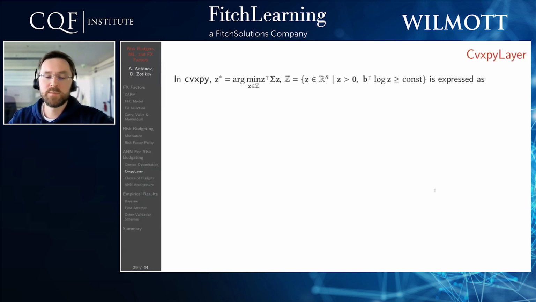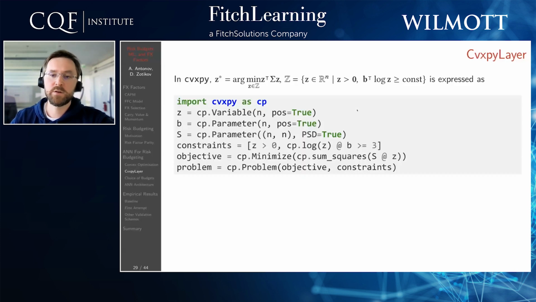You can do this sort of optimization in many ways in many software packages, and in particular in a Python package called cvxpy, which is remarkable because the optimization problem that I've stated above can be very naturally expressed as the following Python code. So you define your variable, and you say these are my parameters, so budgets and the covariance matrix sigma.